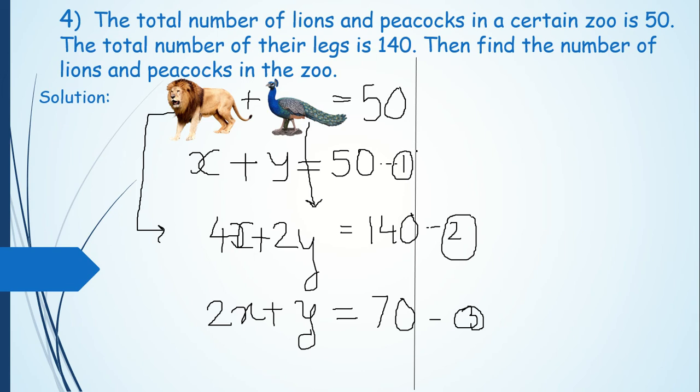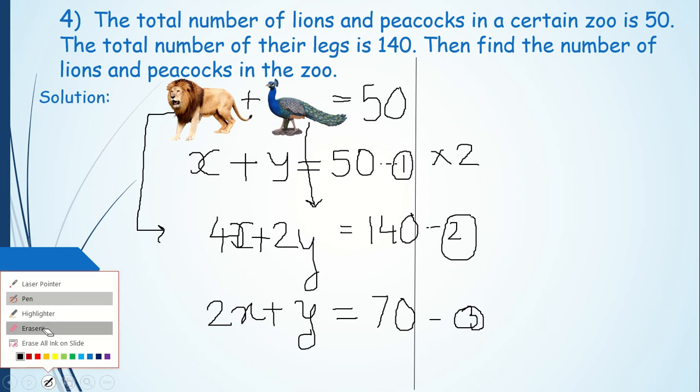Now I can subtract equation number 1 from 3 and y minus y will get cancelled. This is one way I can do it. Or if I don't want to divide, I can multiply equation number 1 by 2. In that case I will get 2y here, and then 2y and 2y will get cancelled. So whichever way you find easy you can do.